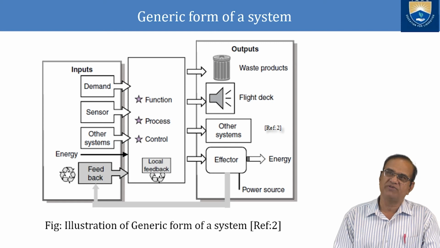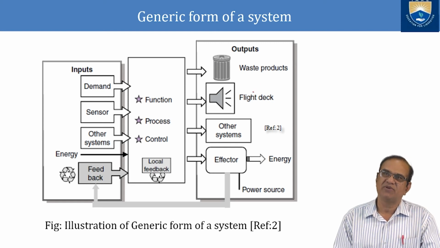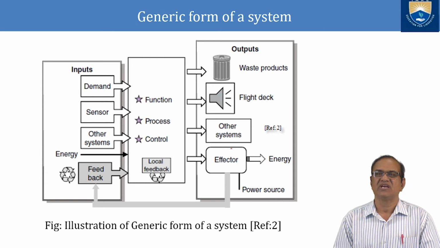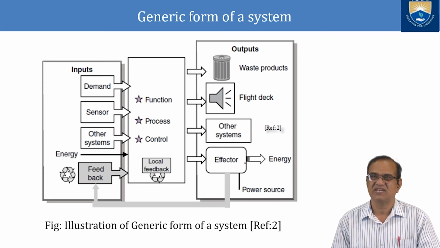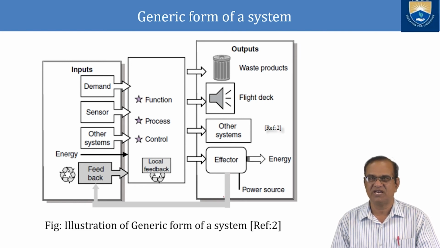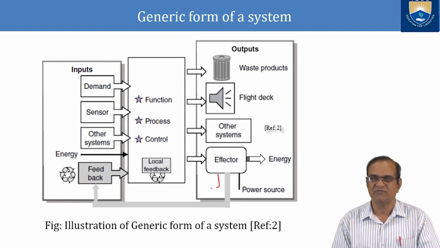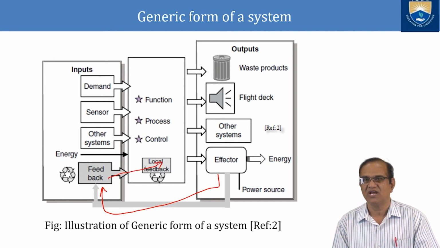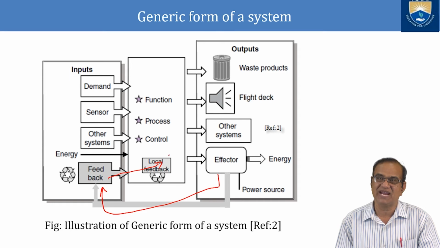The output may be the waste product. It may be the flight deck. It may be the other systems. It may be the effector. Energy will go and the power source will be there. From here, if you see, this is the feedback. This feedback has to go here. Then it will go here. Feedback will be correcting here.